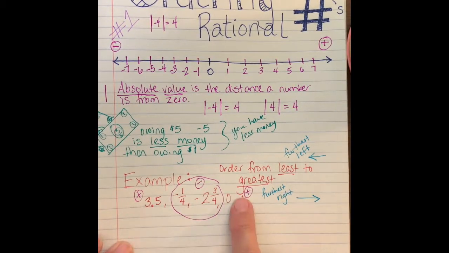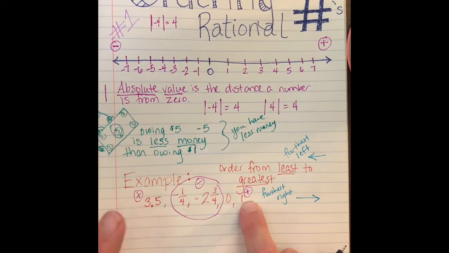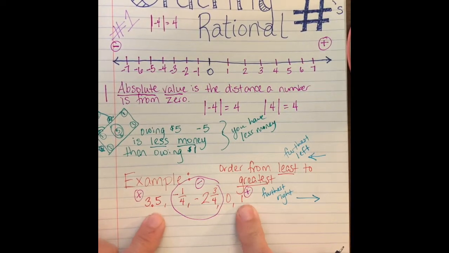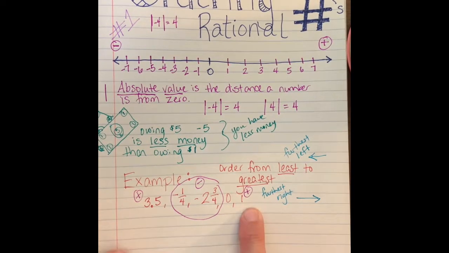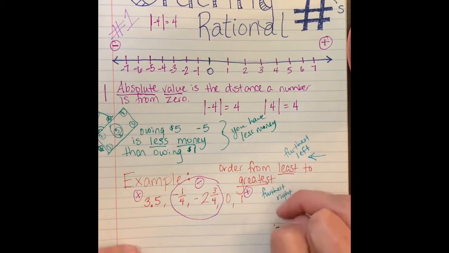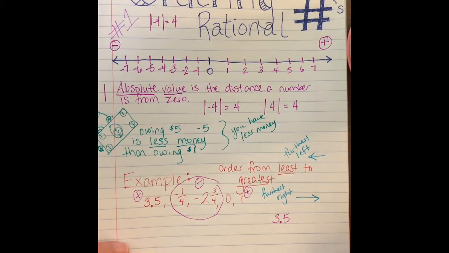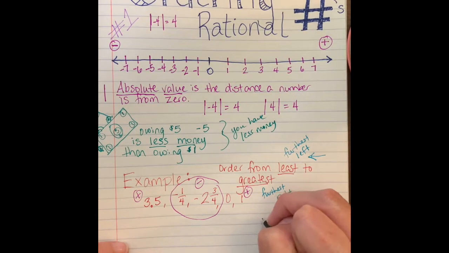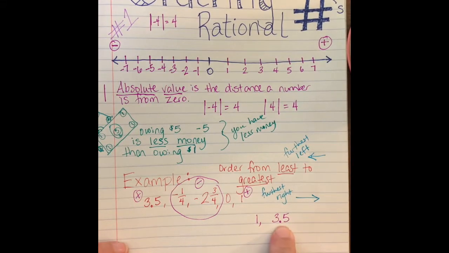Because I've been dealing with positive numbers for a long time, I can tell that 3 and 5/10 is greater than 1. So the greatest is going to go over here, so 3 and 5/10. And right before that would be 1.